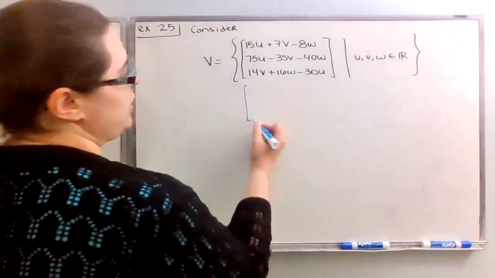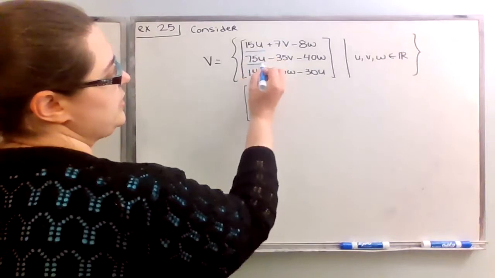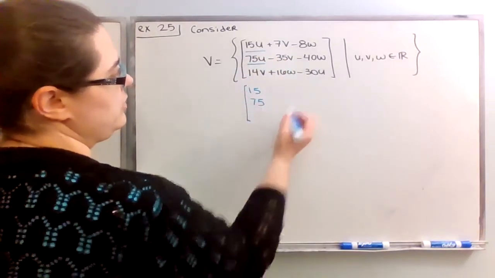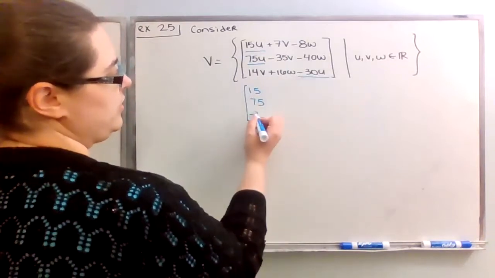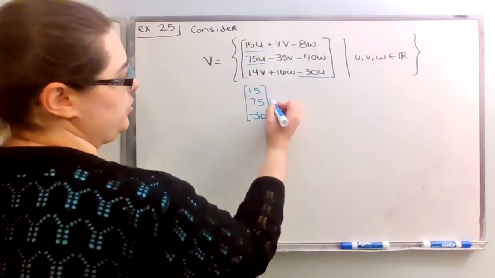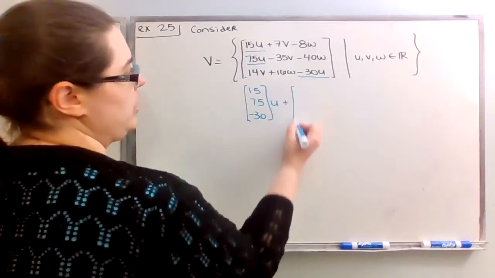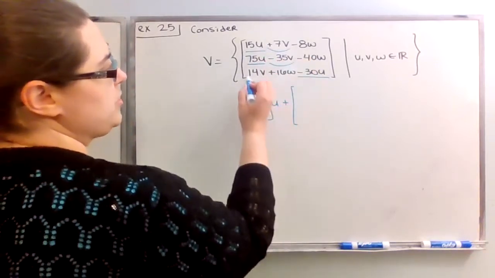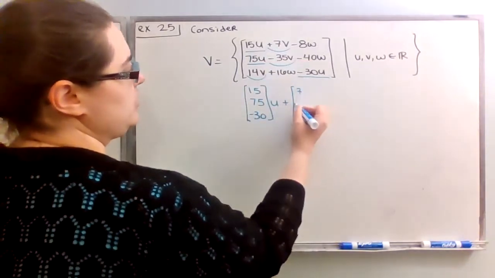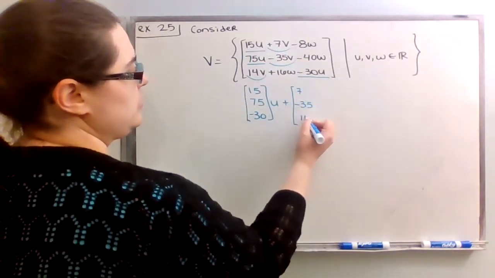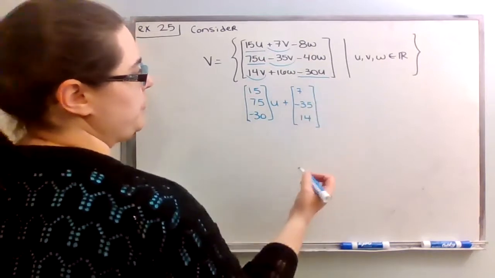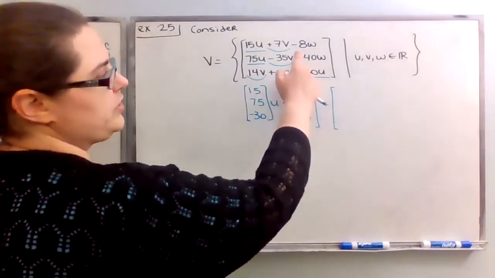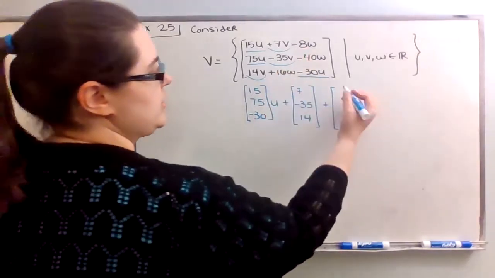So the u stuff, we've got 1, 5, 7, 5. Ooh, sneaky, negative 30. u plus the v stuff, 7, negative 35, and 14. Plus the w stuff, that's the stuff left, negative 8, negative 40, and 16.